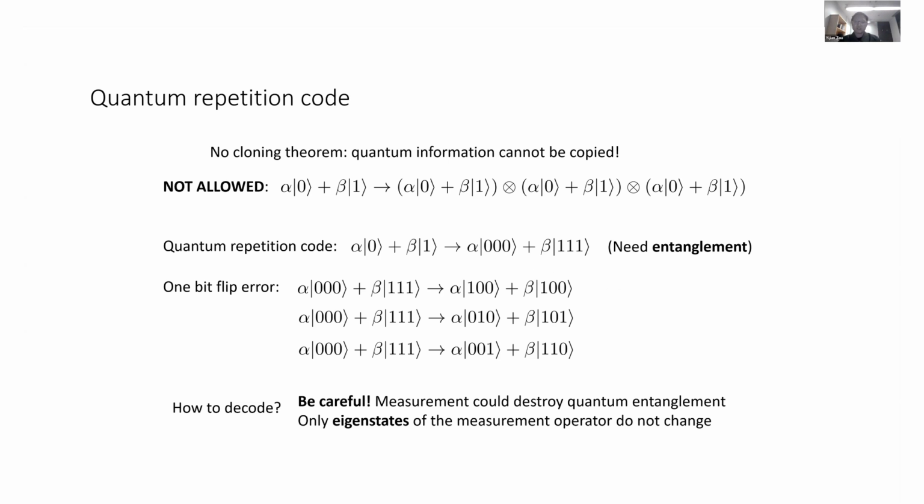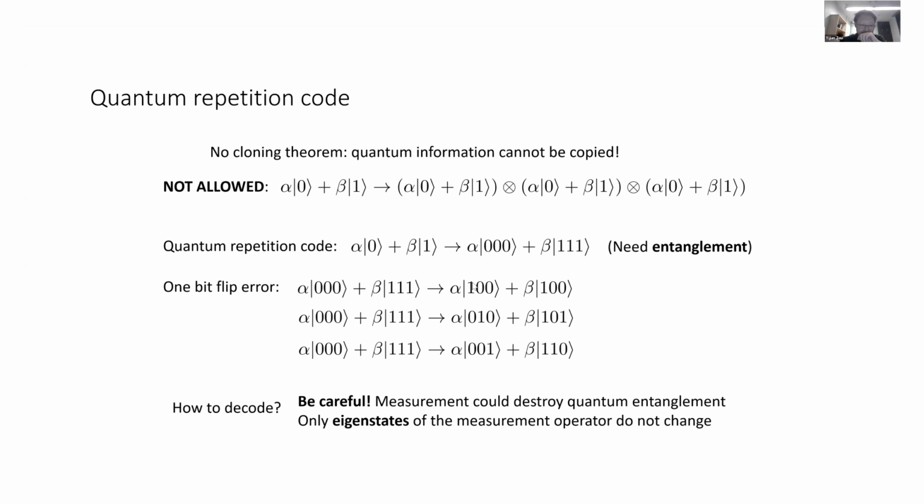So you actually need quantum entanglement to prepare this code. That is a distinct feature from the classical world, in which you can make error correction possible. And we will soon see that in our case of a conformal field theory, entanglement also plays a huge role in error correction.